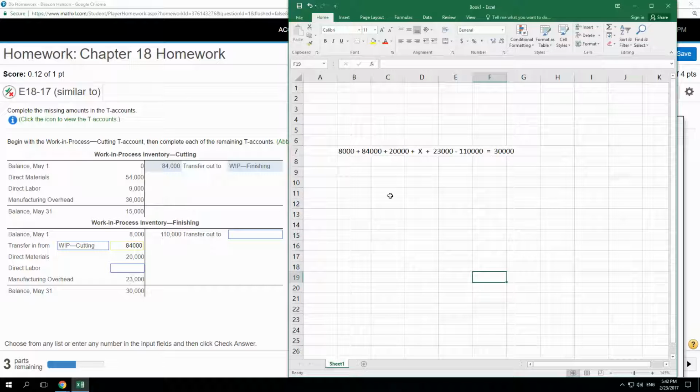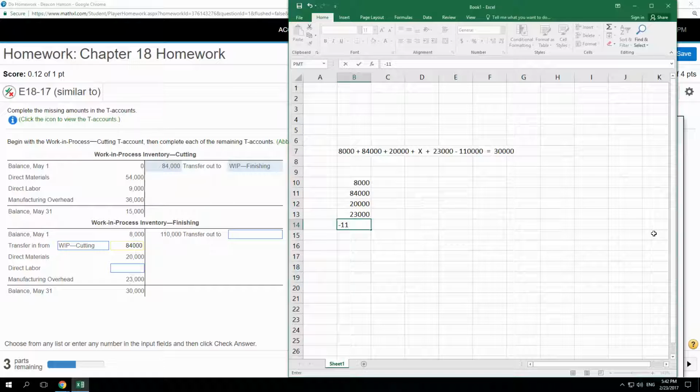Then we just combine items, right? So we would end up combining them all. So 8 plus 84 plus 20 plus 23, right?